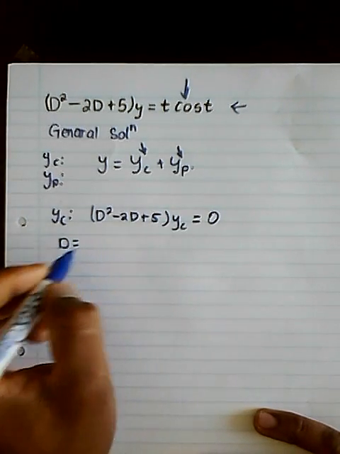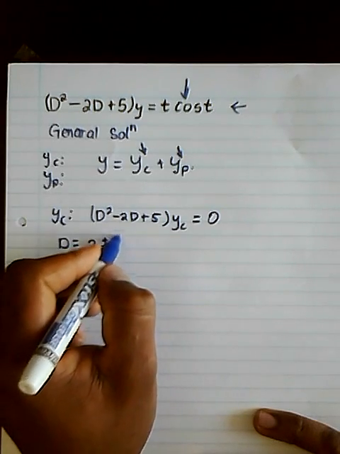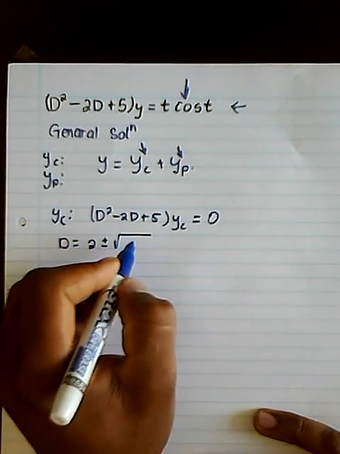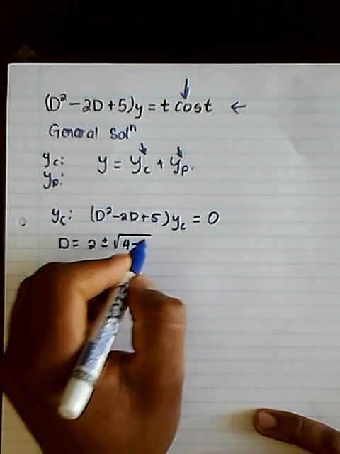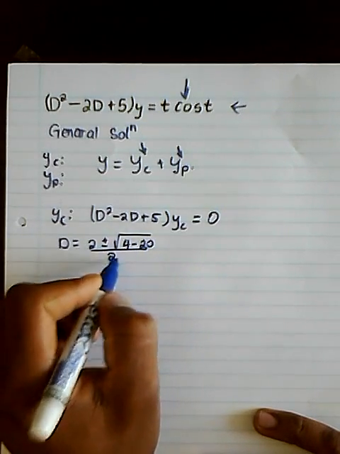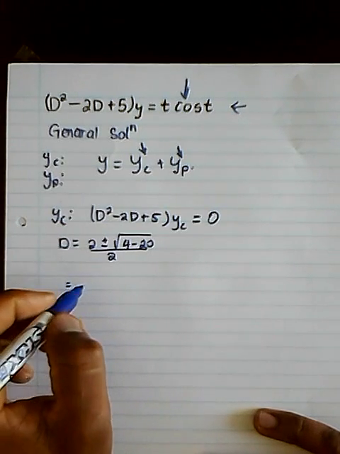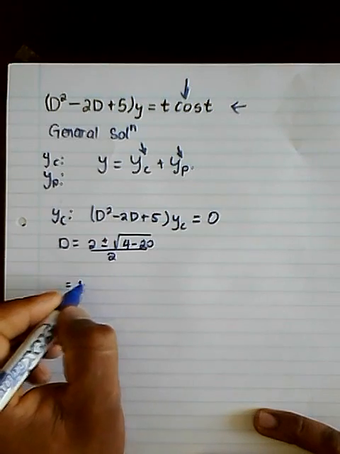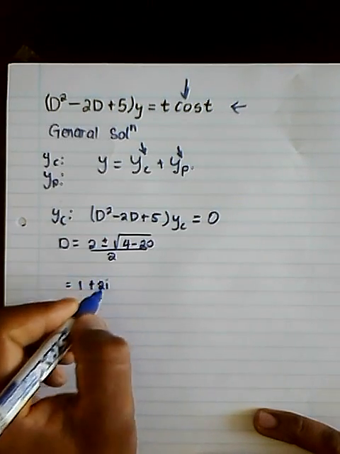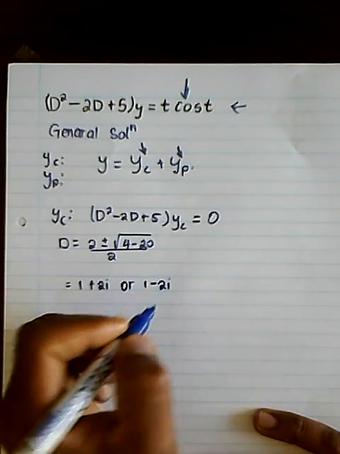So using the quadratic formula, we get 2 plus or minus the square root of 4 minus 20, divided by 2. So we find that d is equal to 1 plus 2i, or 1 minus 2i.